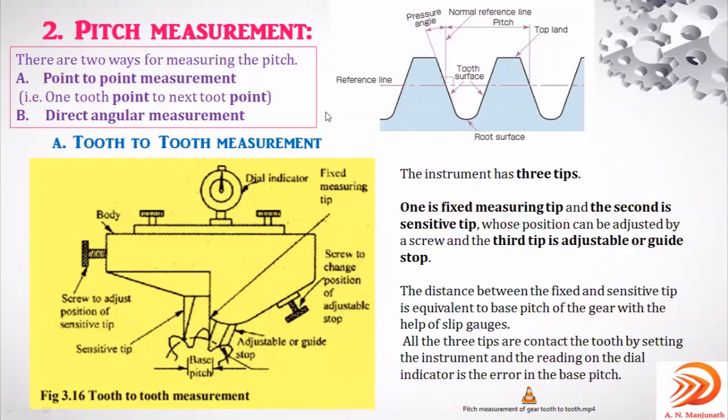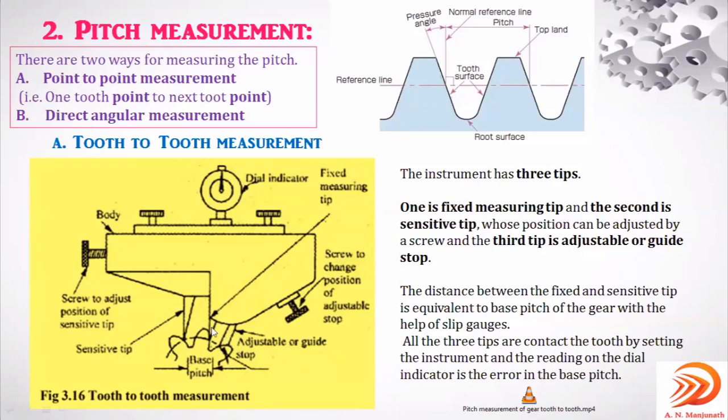So three tips: sensitive tip, fixed measuring tip, and one more, that is the adjustable or guide stop. These three tips come in contact with the given gear blank to measure point to point or tooth to tooth measurement. Sensitive, fixed, adjustable or guide stop.